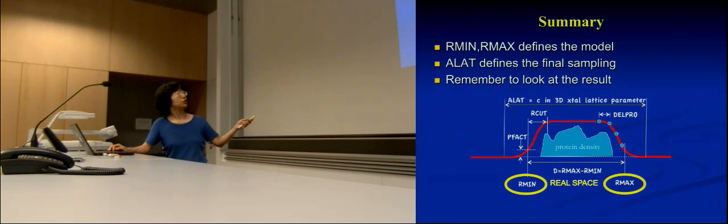You give a value for A bat, and that's basically your repeating unit in the 3D crystal parameter. And the third thing is that you need to remember to look at the result to help you understand if you got your model correct or not. So that's all.